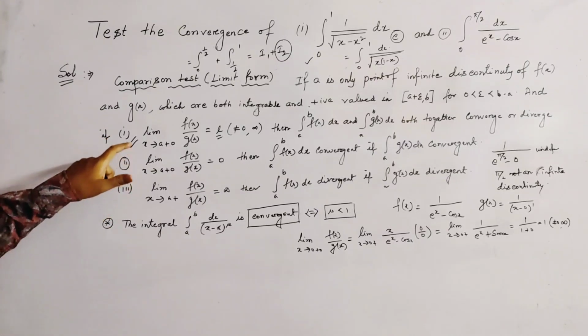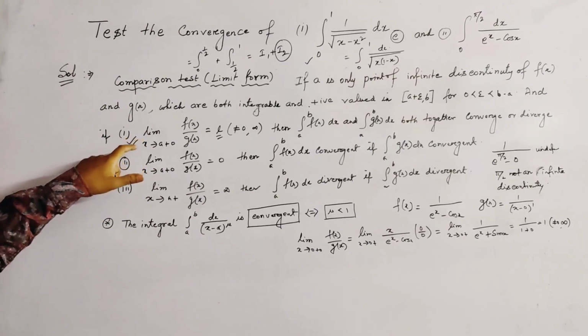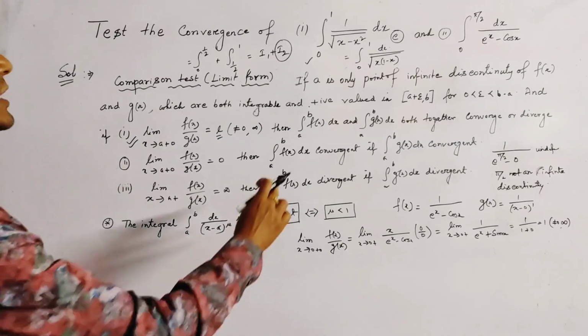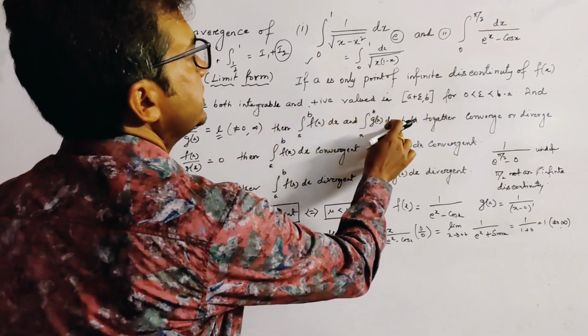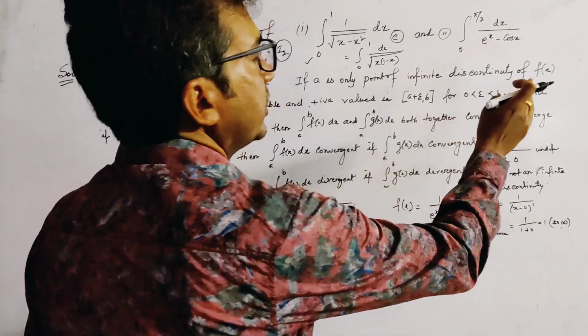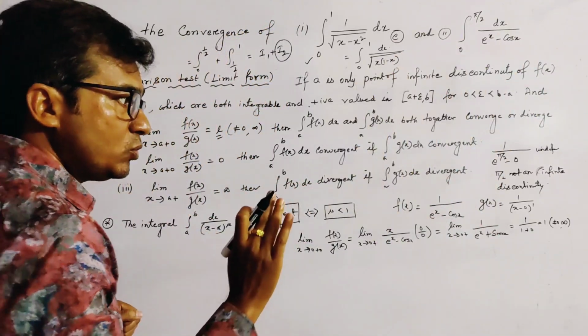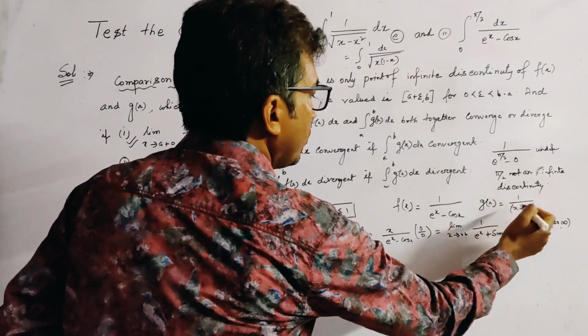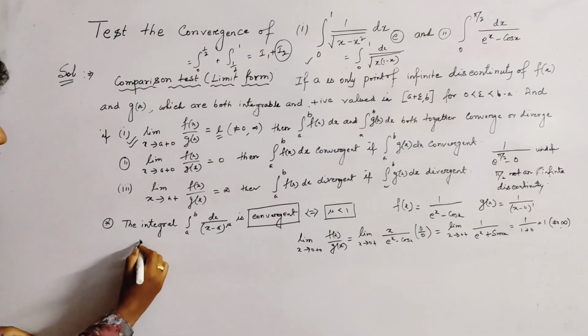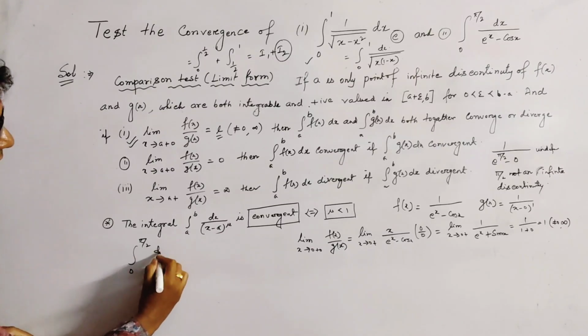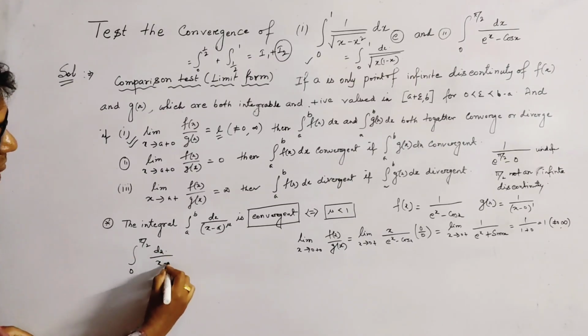So in the comparison test, in the first case, the integral a to b of f x dx and the integral a to b of g x dx are both together convergent or divergent. Now we know the behavior of the integral 0 to pi by 2 of dx by x minus 0 to the power 1.